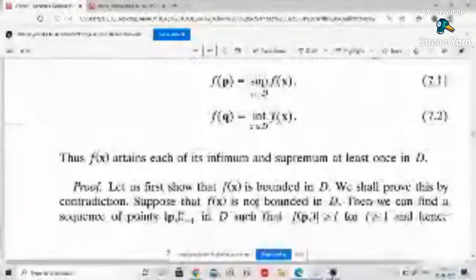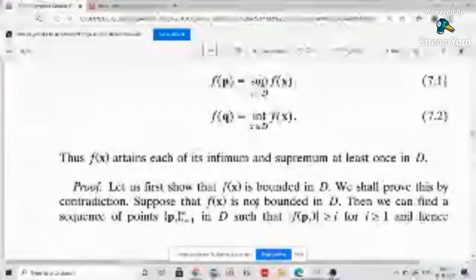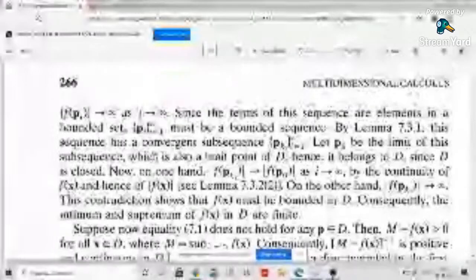Now we have to show the equality: p is a point such that f of p equals the supremum of f of x, x belongs to D, or q is a point such that f of q equals the infimum of f of x, x belongs to D. So we have to identify such points. So we assume that this does not hold. If it does not hold, what happens?